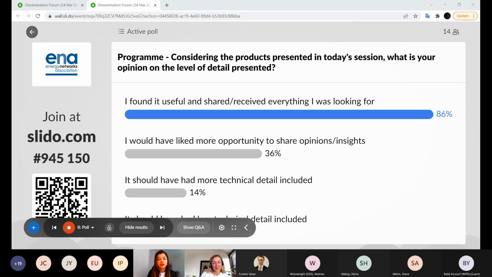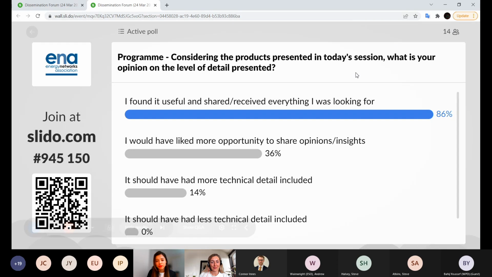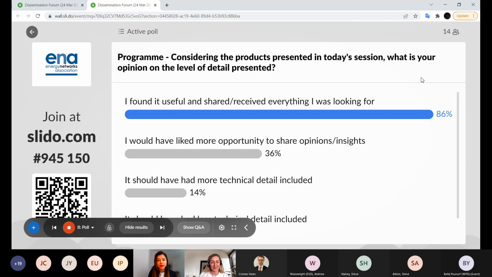Thanks, Emily. I think the next question that we have is a free text question where people can just share general suggestions. I think that's the one we can leave open until the end of the day to give people a chance to reflect on the session from today. With this one, we've got about 14 responses now, which is probably what we were getting with the previous polls at the time.